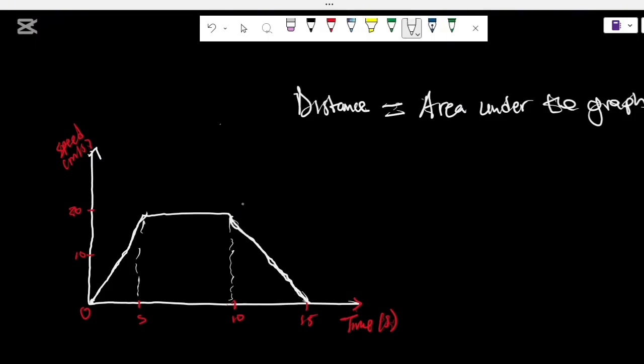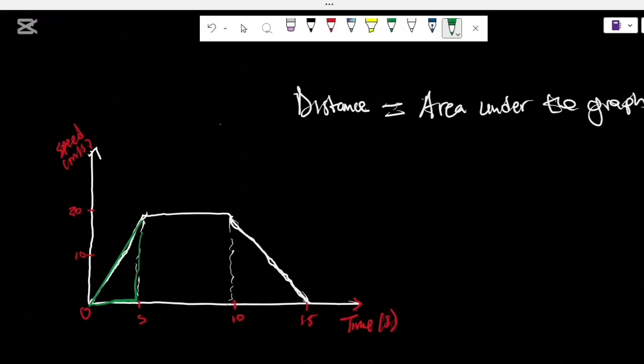So for example, if they ask you to find the distance covered or traveled by an object, so for example, if you are asked to find the distance traveled by an object during the first 5 seconds, then you just have to look at this same shape here. This is the shape showing the distance during the first 5 seconds.